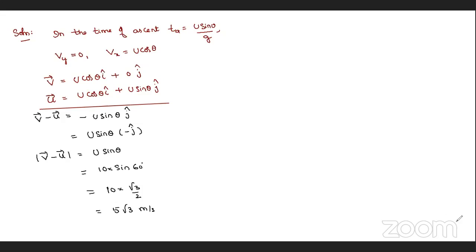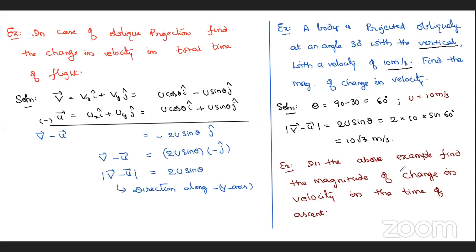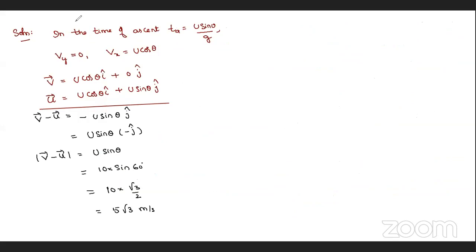So now is it clear? Clear or not clear? Some are clear, good. We already solved many models related to this oblique projection from the ground level.